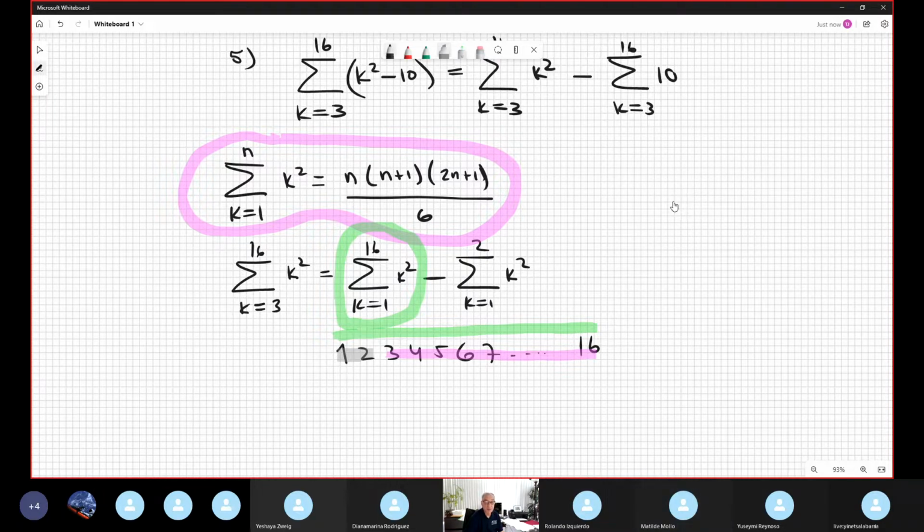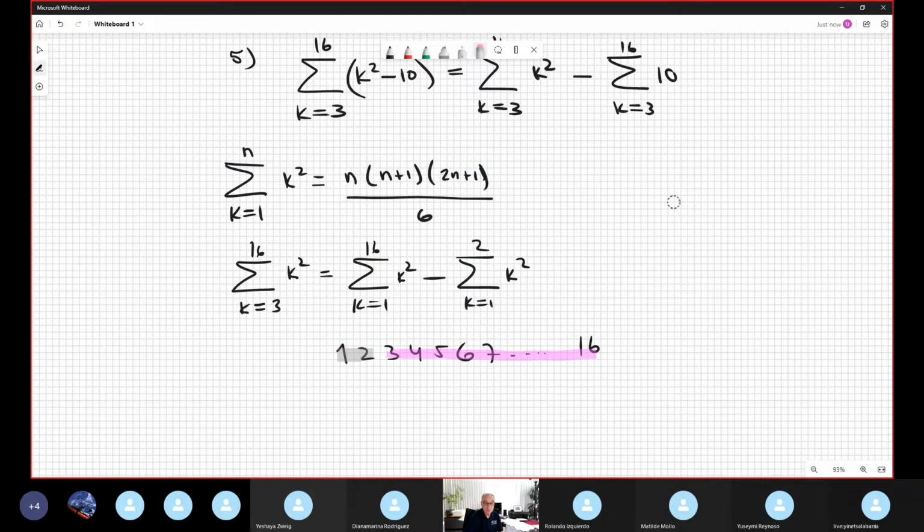So now we apply the formula 2 times. This formula is 16, which is n, 17, which is n plus 1, and 16 times 2, which is 32, plus 1 is 33, divided by 6. And this is that part.